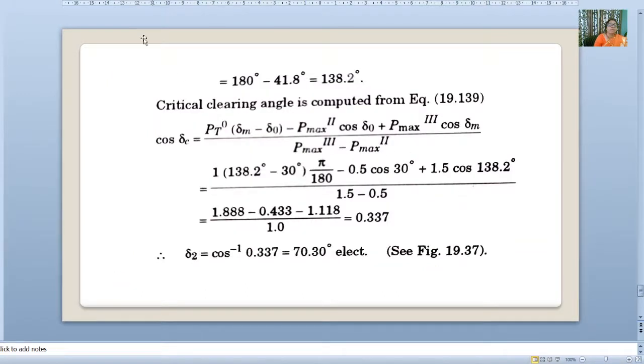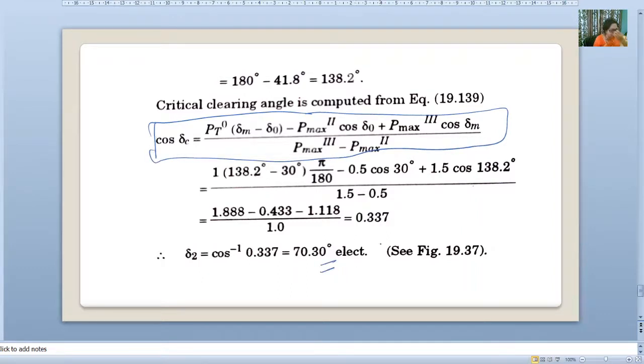Then we'll put the values in the cos of del CR equation and we'll get the values. You can calculate either in terms of degrees or in terms of radians.